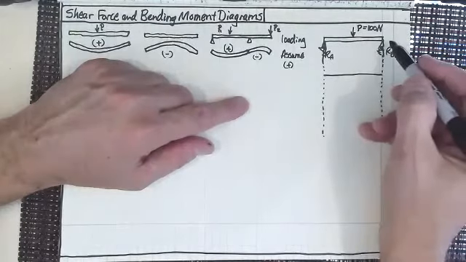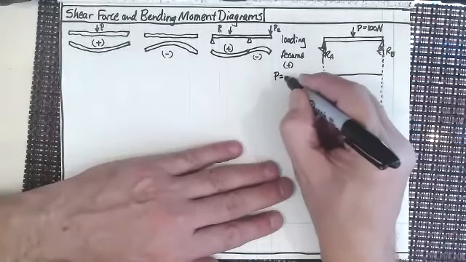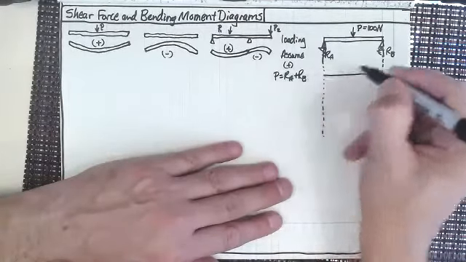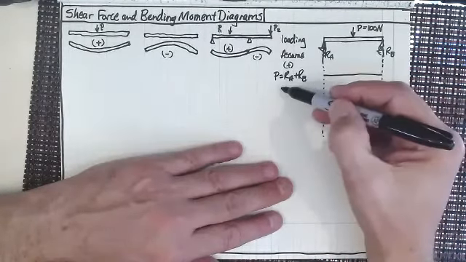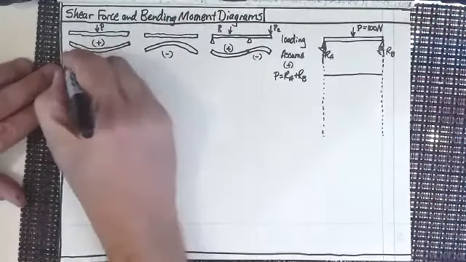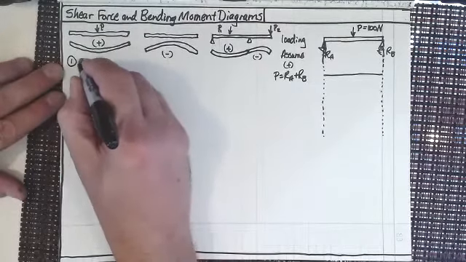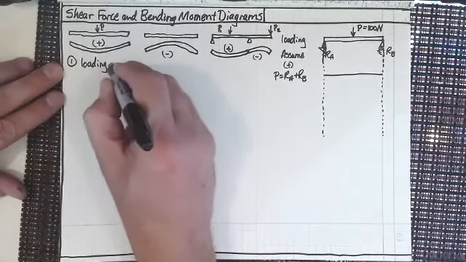Since it's right in the middle, we have the equation that P equals R sub A plus R sub B. So let's do analysis on this first. Let's find out. First, we have the loading diagram.